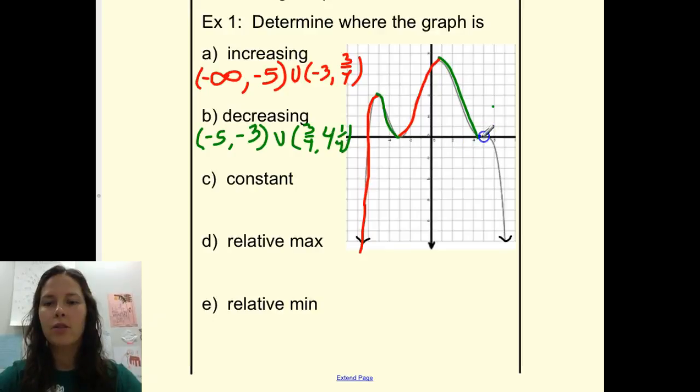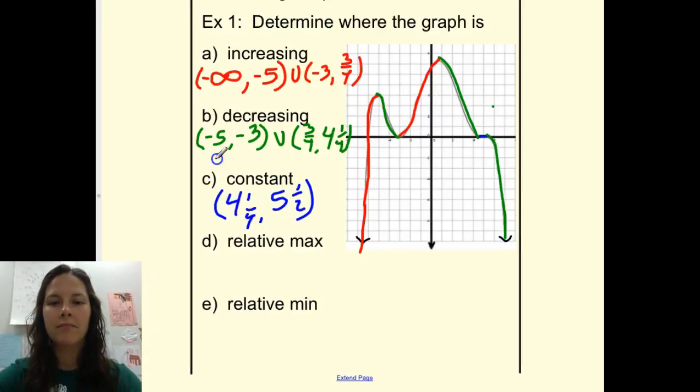And like I said, we had that short little piece from about 4 1/4 to maybe 5 1/2. And then our graph continues to decrease to +infinity.